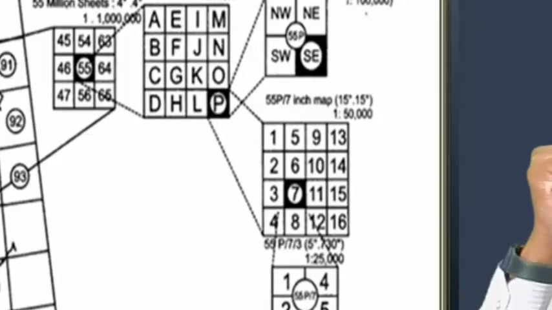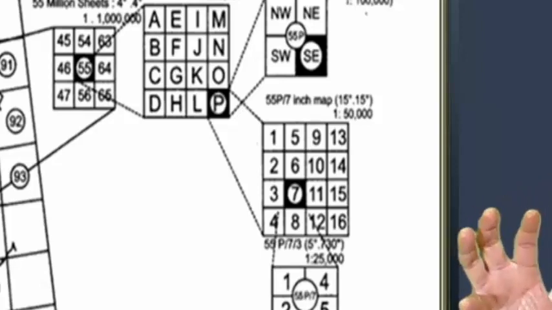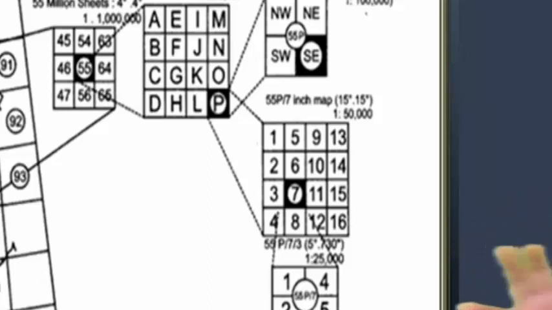Now this 55 quadrant is again divided into 16 quadrants. Now we use the capital alphabets A, B, C, D, and so on: E, F, G, H, I, J, K, L, and M, N, O, P. So this is the way. Now I have selected the 55 index number, then next I selected the patch P. And again P has been divided into 16 quadrants.